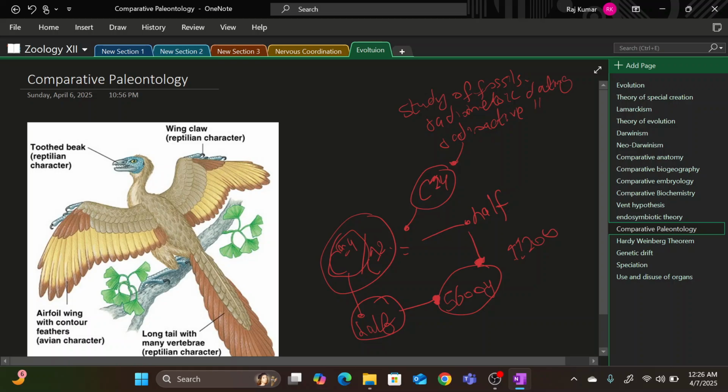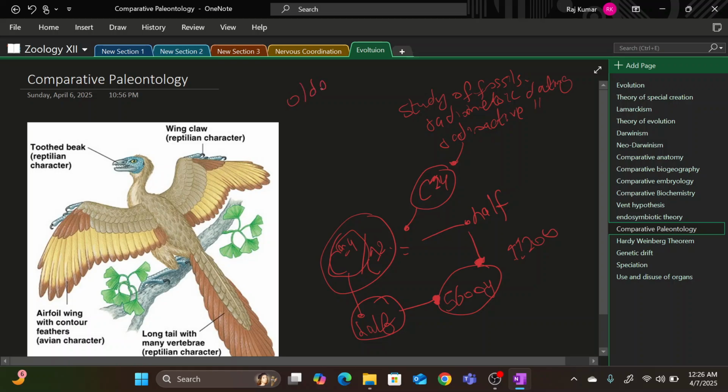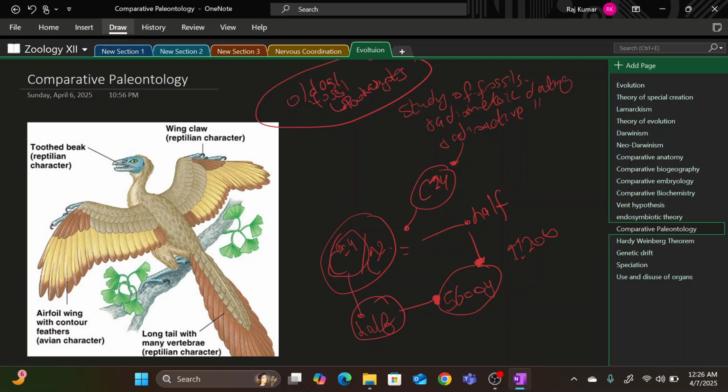Anyways, now let's move on to the very important aspect of fossils. The oldest fossils in the world are those of prokaryotes, because prokaryotes are the ones from which we have come, right?